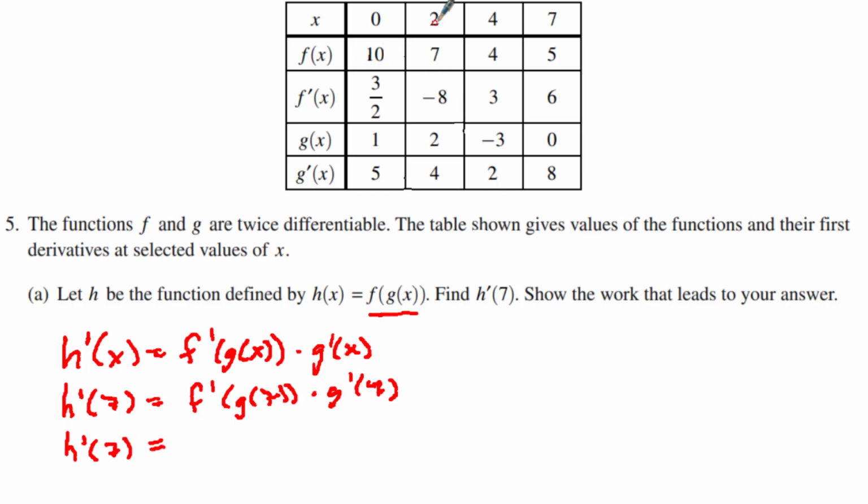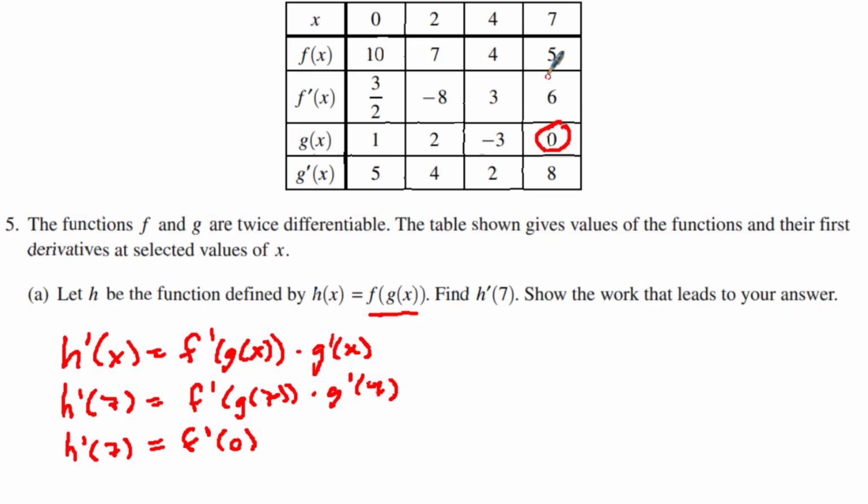We know g of 7 is equal to 0. So that gives us f prime of 0 times g prime of 7.